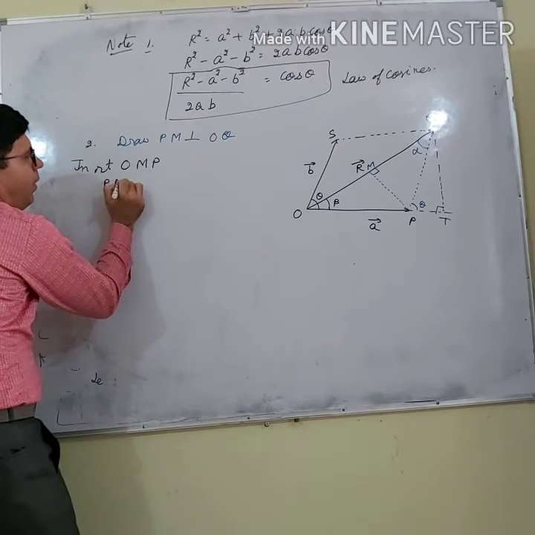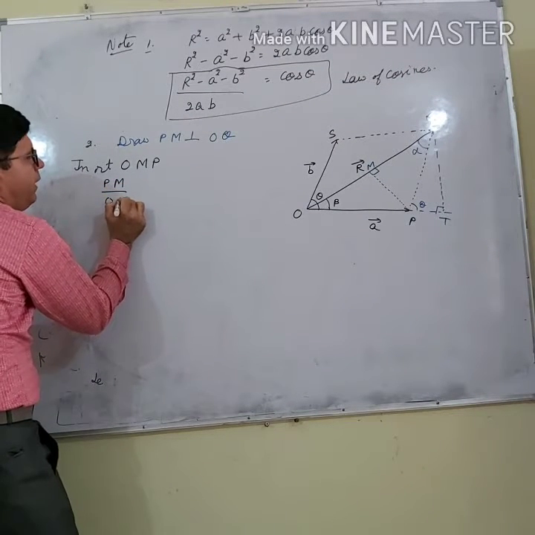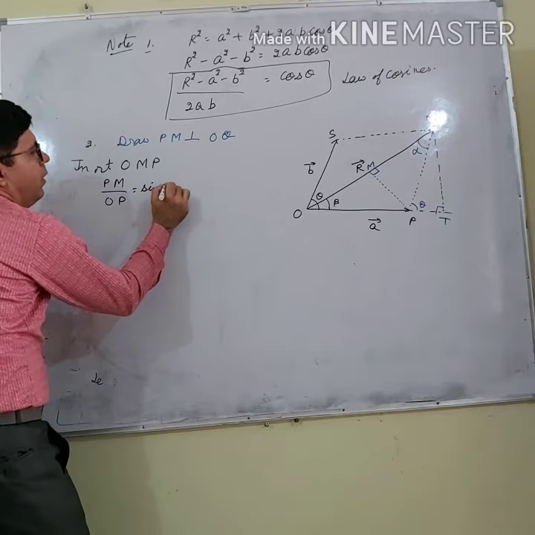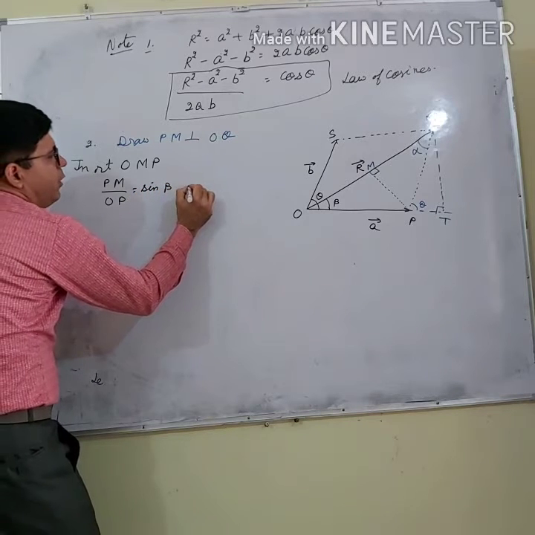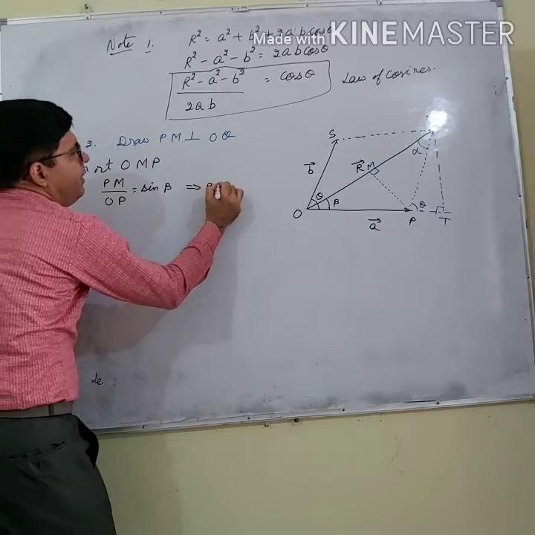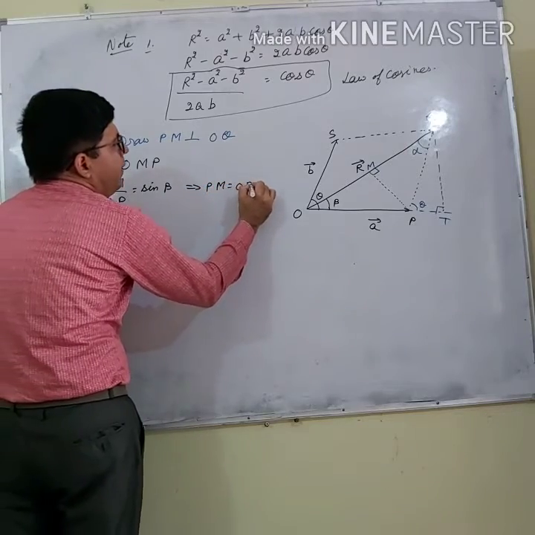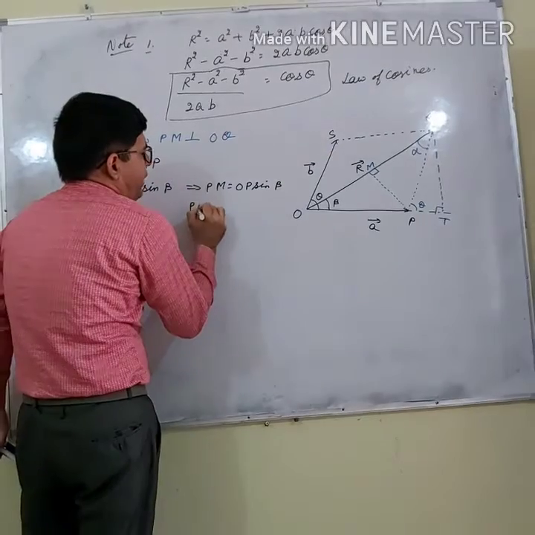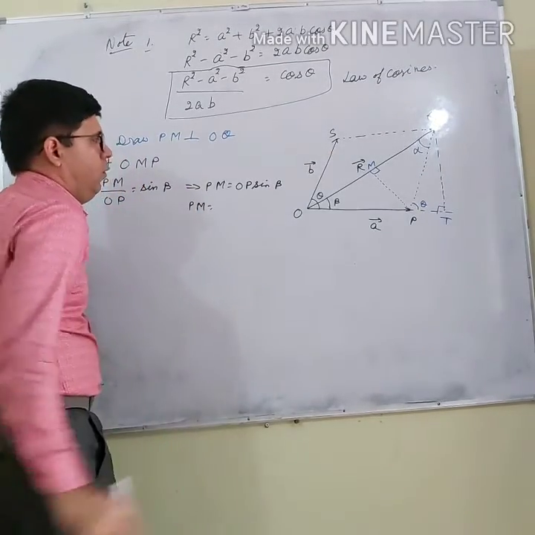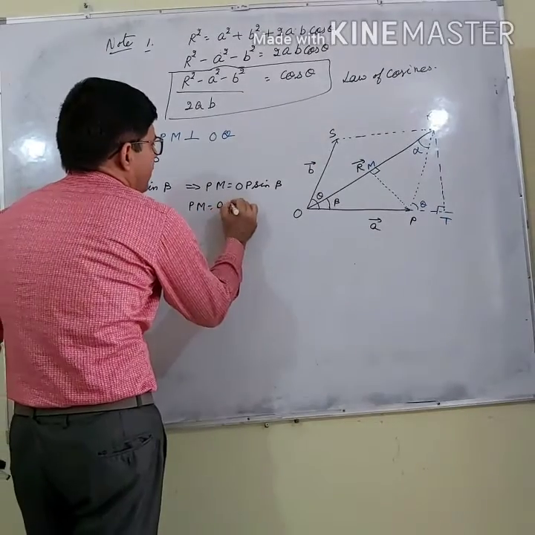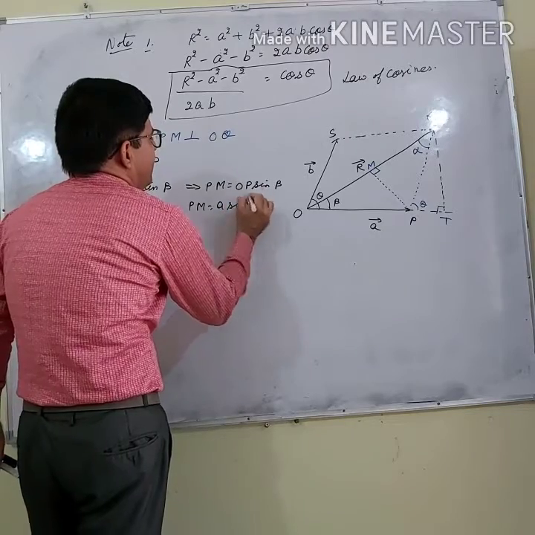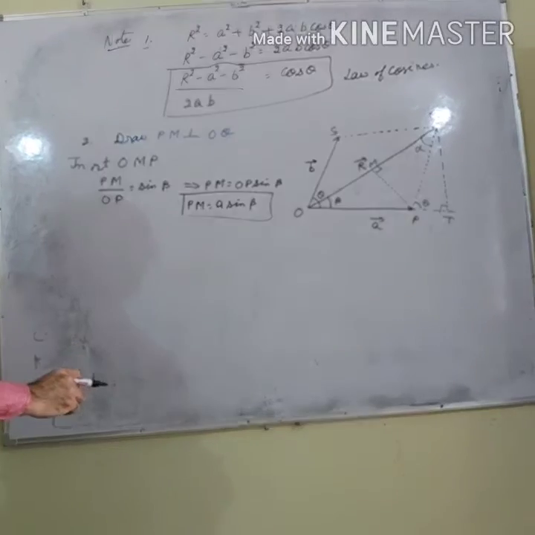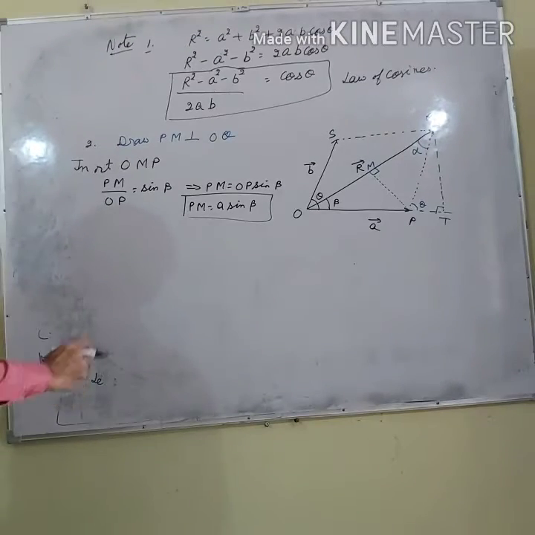PM upon OP is sine beta. So I can say PM equals OP sine beta. And what is OP? OP is A. So PM equals A sine beta.